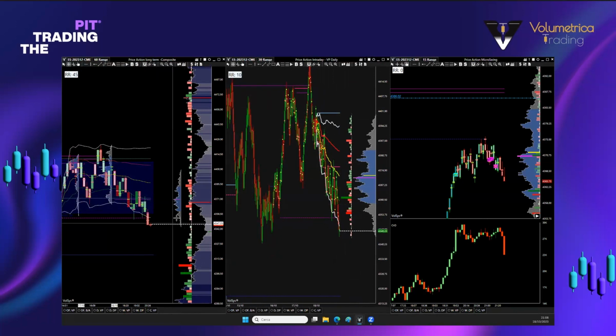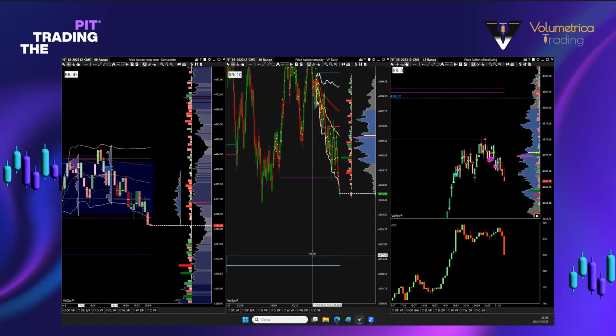And you have also the ability to overlay the indication from the higher time frame into the lower time frame, exactly as I did here. This blue line you can see here, that's just the copy and paste of this line which arises from the 60 range.